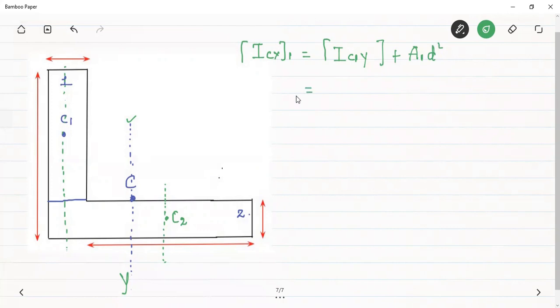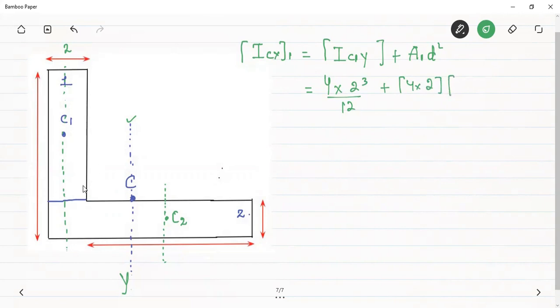IC1 gives the moment of inertia of the first rectangle about its own centroidal axis, which is equal to db cube by 12. The depth here is 4 meters and b is 2, so 4 into 2 cube by 12, plus area, which is 4 into 2, times the distance between these two axes.